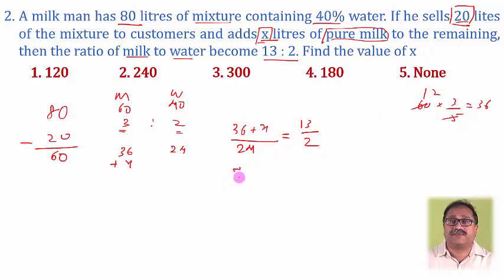So 36 into 2 is 72 plus 2x is equal to 13 into 24, that is 312. So 2x is equal to 312 minus 72 and I am left with 240. Therefore x is equal to 120. You are asked to find out the x value, which is 120. This is my answer. Do we have the option? Yes. Option choice 1.